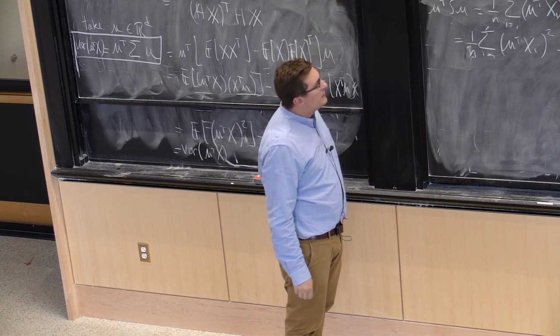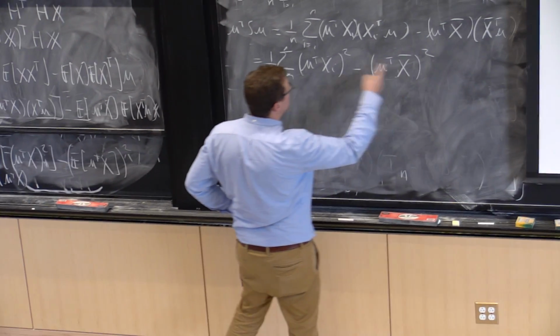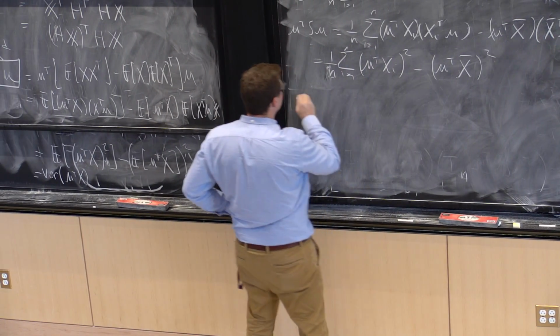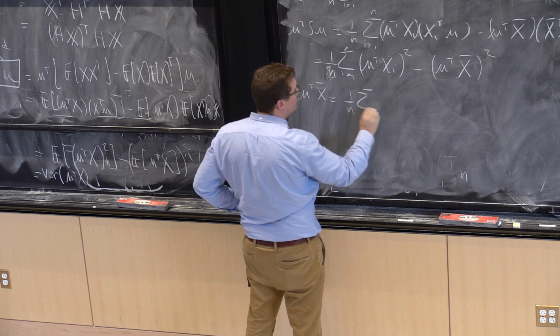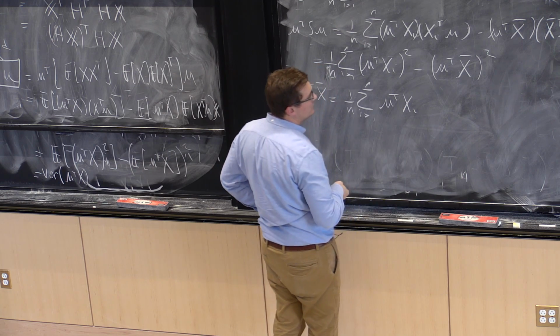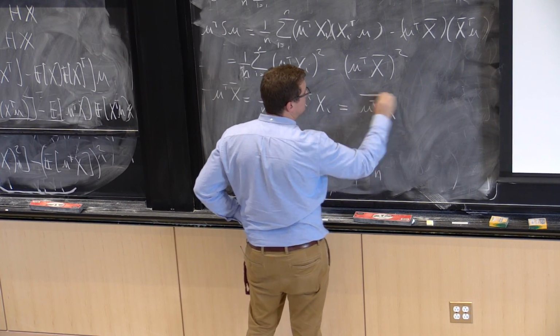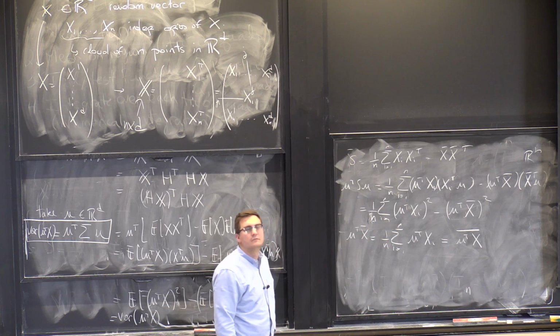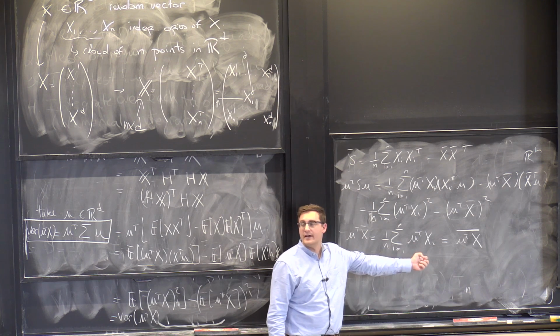So we're almost there. All I need to check is that this thing is actually the average of those guys, right? So u transpose x bar, what is it? It's 1 over n sum from i equal 1 to n of u transpose xi. So it's really something that I can write as u transpose x bar. That's the average of those random variables of the form u transpose xi.